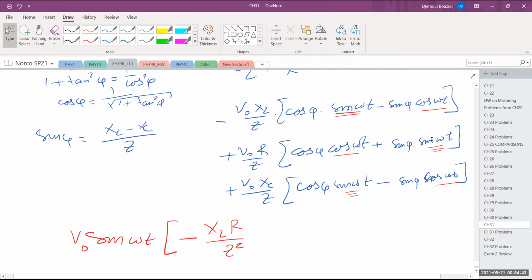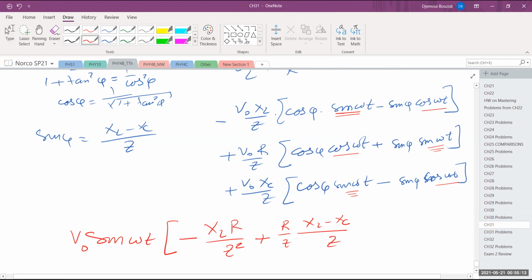Okay? In here, I have an R over Z times sine of phi. And sine of phi is all of these things. So it's going to be plus R over Z times sine of phi, which is XL minus XC over Z. That takes care of this term now. That has the sine omega t. Now this term has also sine omega t times cosine of phi.